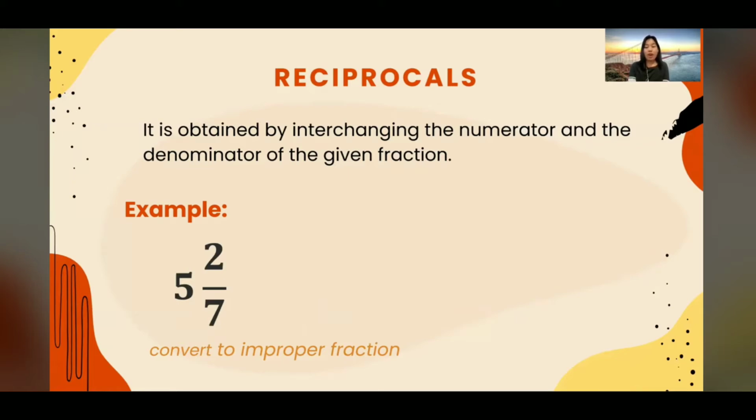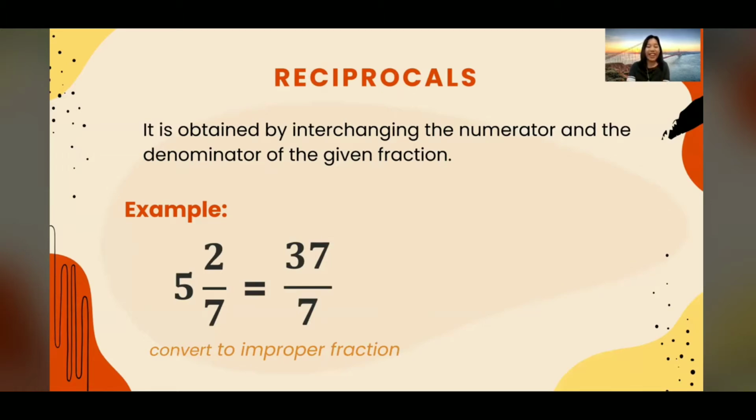So 7 times 5 is 35, plus 2, 37. How about our denominator? All right, we will just copy the denominator of our fraction in our mixed number. So this one will be 37/7. So what do you think is the reciprocal of 37/7?